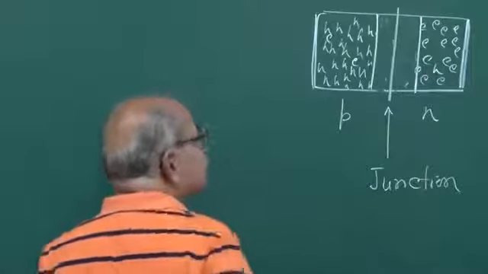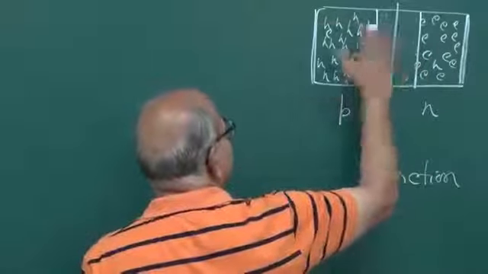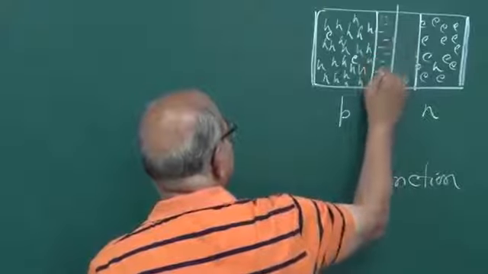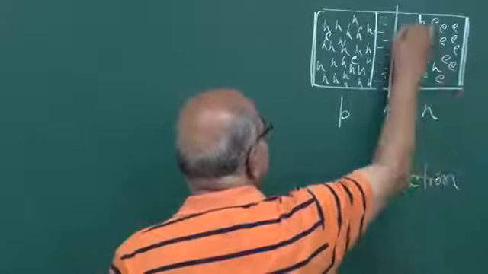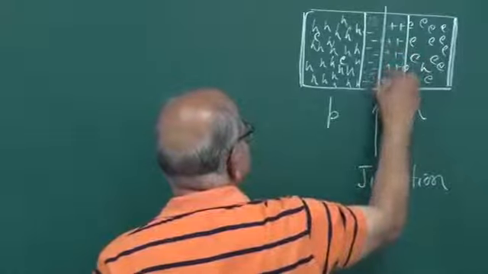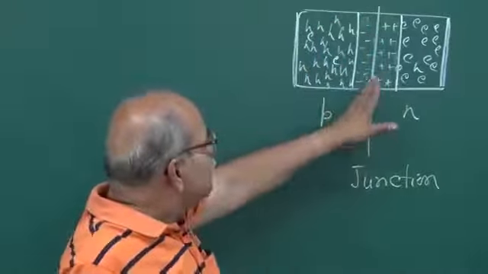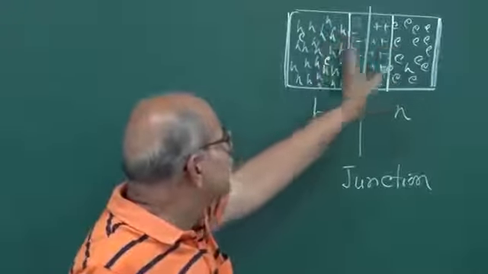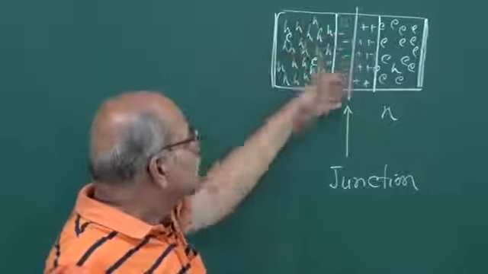But then the charge density is there. Since these electrons are going to this side, and everything was neutral, you get negative charges here, and these holes which are going to this side create positive charge here, right? Initially everything was neutral, and then you bring some electrons from this side, you shift some holes from this side, and both of them create negative charge here and positive charge here.